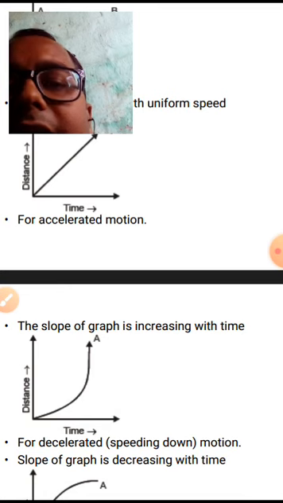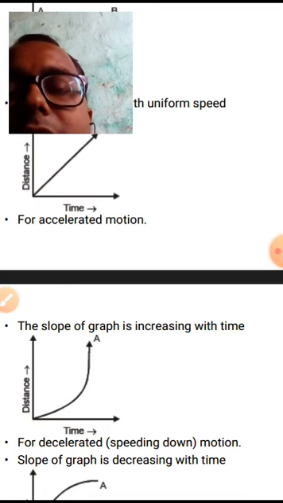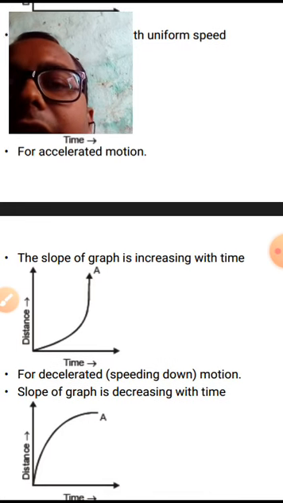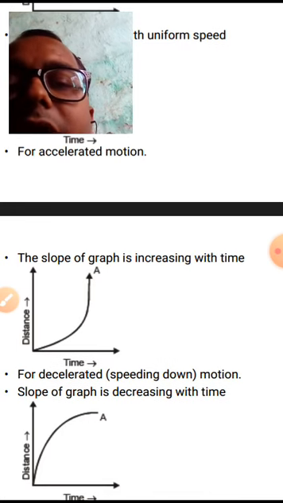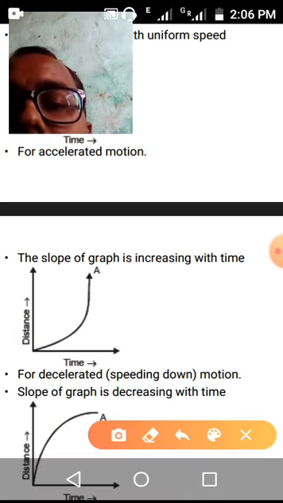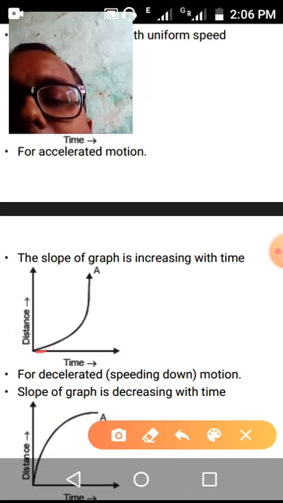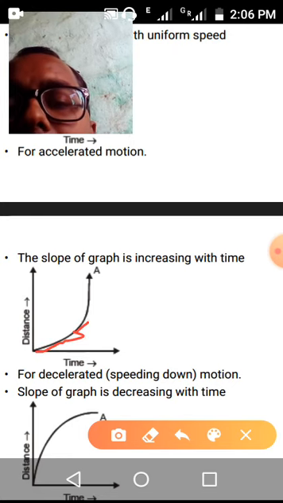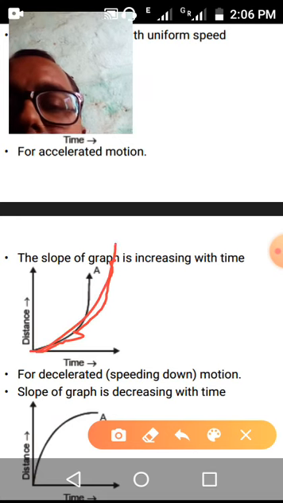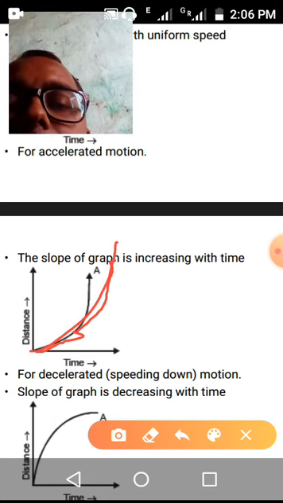Now for accelerated motion, as we know, accelerated means suddenly increasing motion. In this case the slope of the graph is increasing in order. Initially the graph grows slowly, but after that it grows fast, which means the slope is very high.